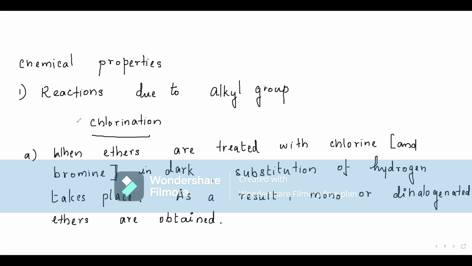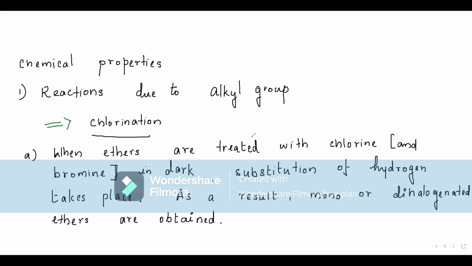Now, let's move on with the chemical properties of ether. One such chemical property is the reaction due to the alkyl group. Here we are not disturbing the oxygen, but only the alkyl group on either side of oxygen. The first reaction that we are studying here is halogenation. I am taking chlorination as an example. It can even be bromination.